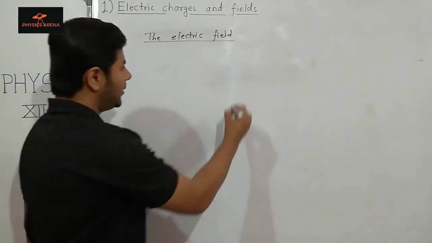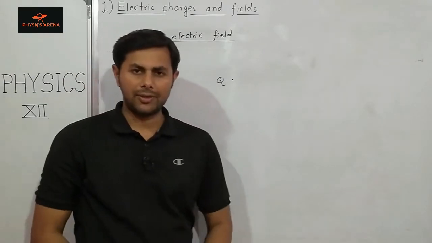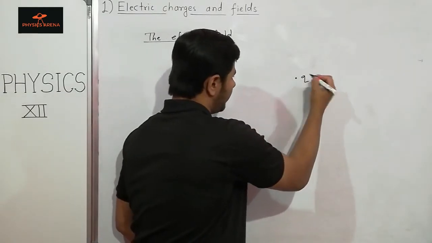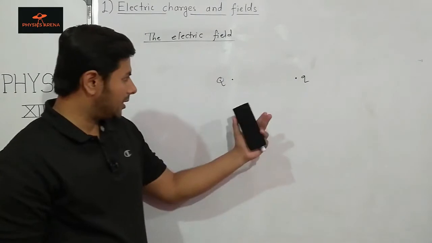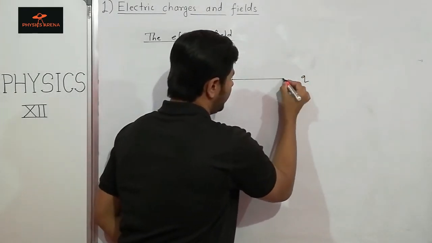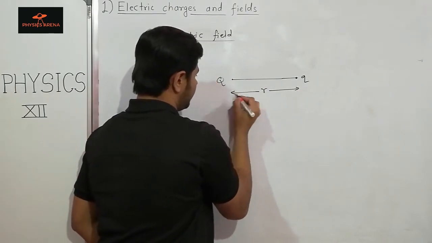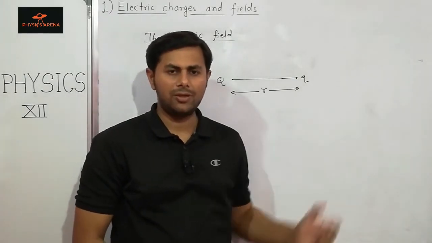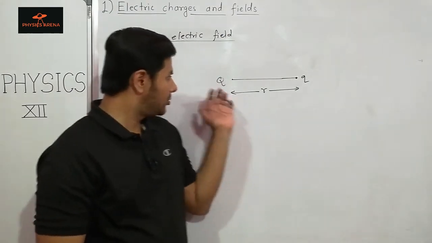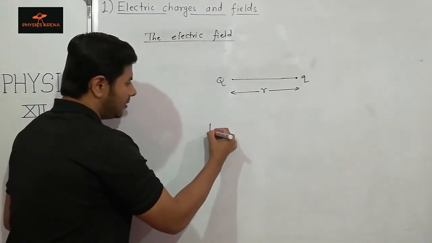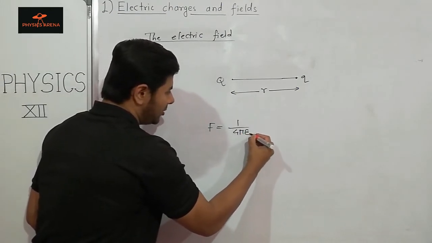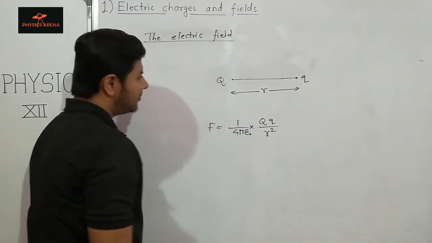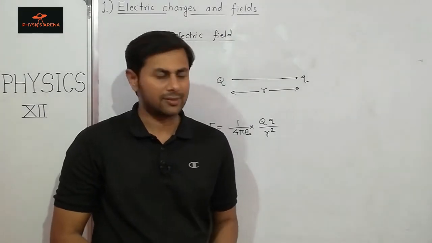So suppose we have this charge capital Q placed somewhere in space, and we bring in some other charge, let's call it small q, and we keep it at distance r away from capital Q. So we know that the moment we bring in this charge small q, it experiences some force due to the capital Q, and the force is given by 1 over 4 pi epsilon naught into magnitude of first charge multiplied by magnitude of second charge divided by square of the distance between two charges.